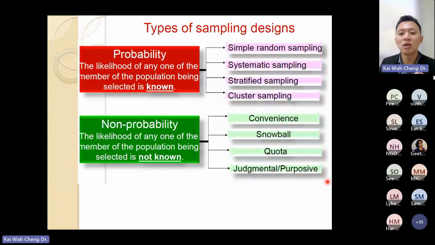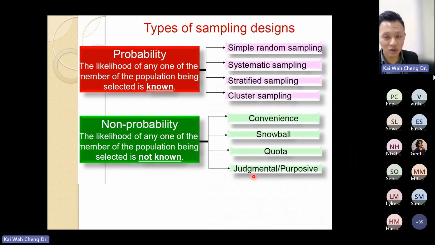In order to know the application of each of the sampling techniques here, you should refer to a research method reference book. Because we only have two hours today, I think it is impossible for me to explain the application for you one by one.